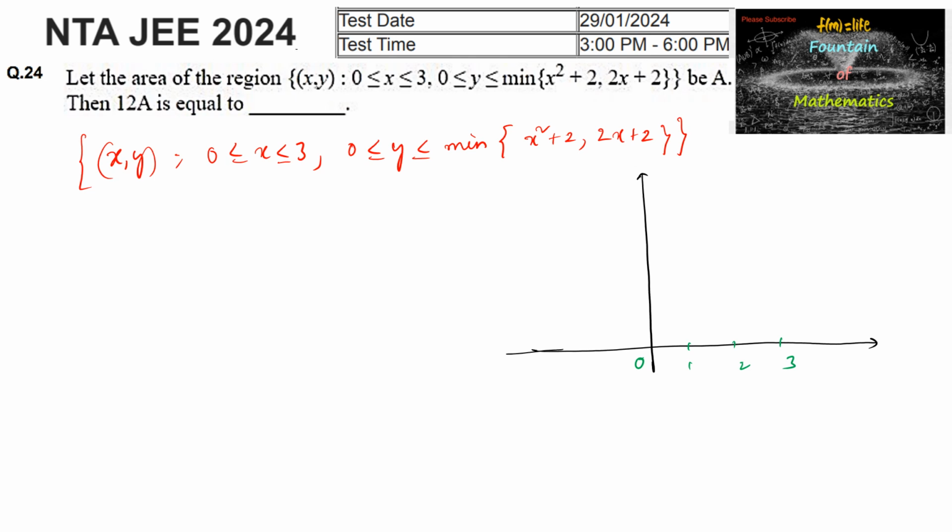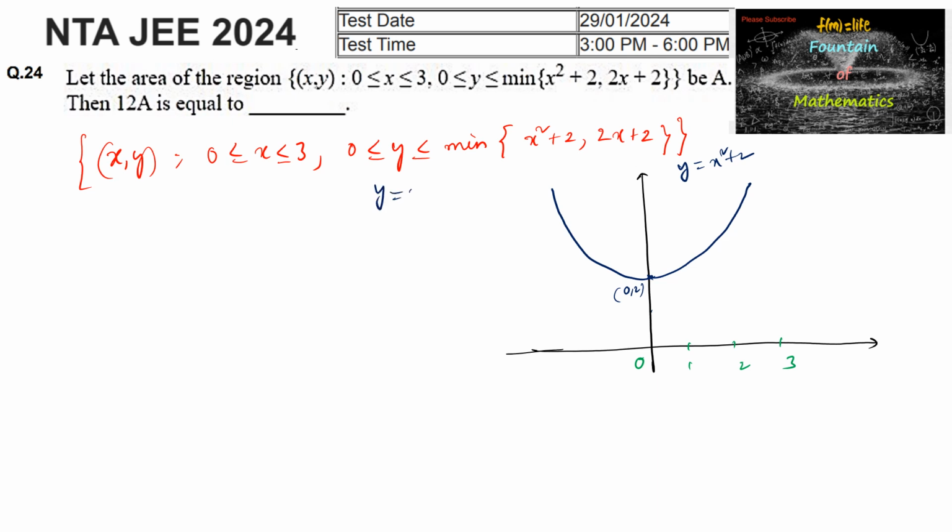So when x is equal to 0, it is 2, so from the point we can say 0 comma 2. So this is the parabola, y is equal to x squared plus 2. And another one, y is equal to 2x plus 2.